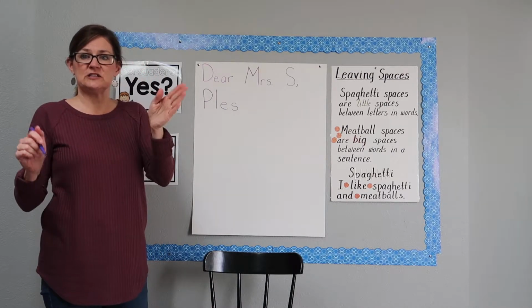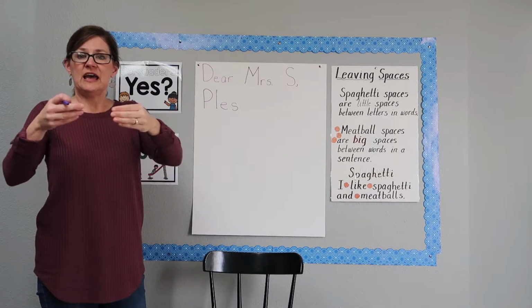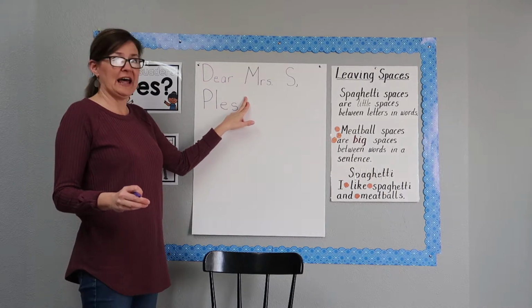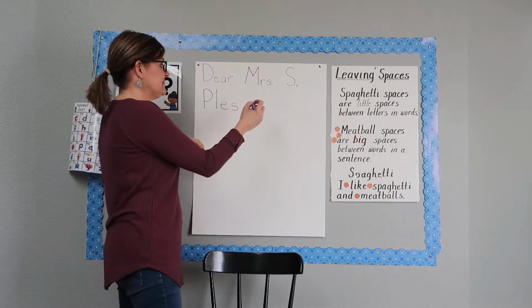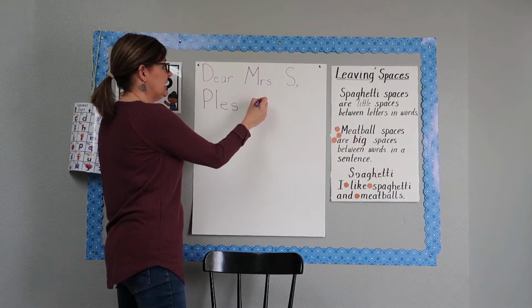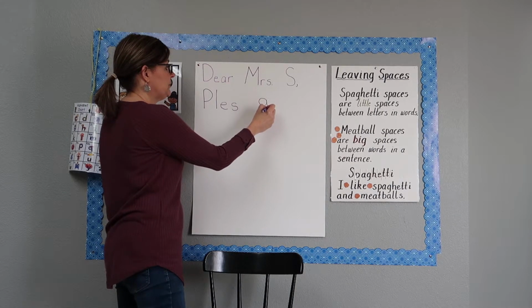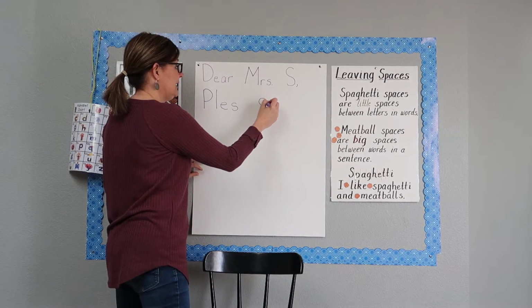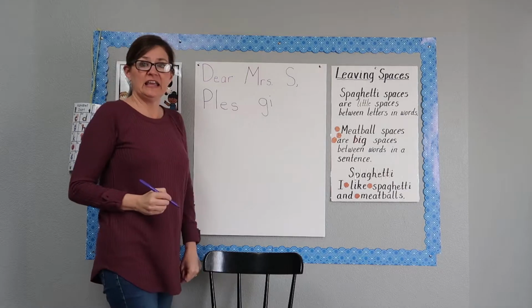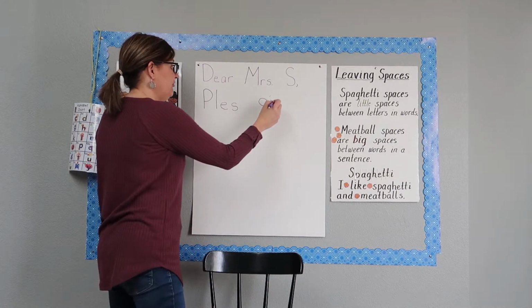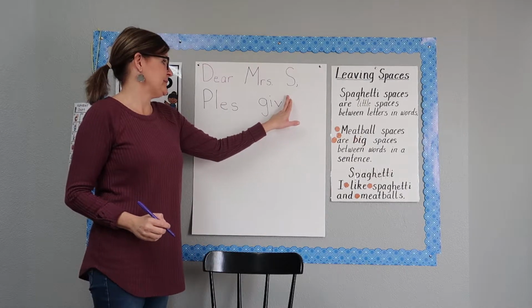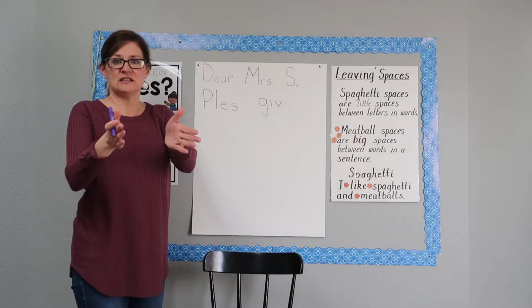4 more words. Let's stretch out give. Give. I'm going to put my meatball space, and I'm going to write the word give. Give starts with a G. G, g, g, g. Then I'm going to use my meatball space again, and I'm going to stretch out the word us.